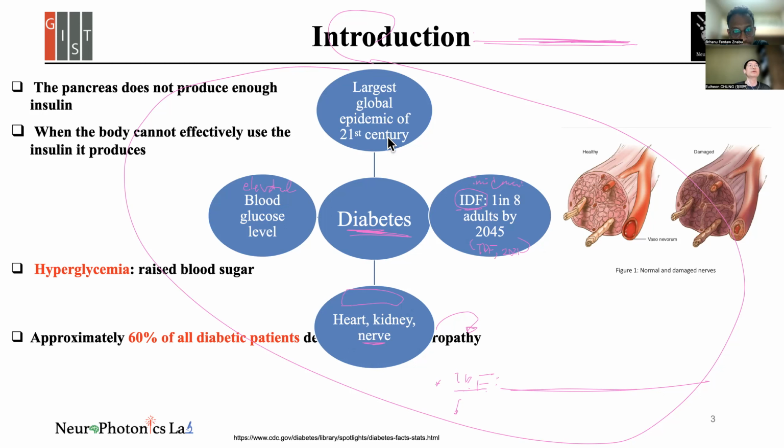"Largest global epidemic of the 21st century." That's probably relevant to this, but is what you say true? Some of these claims may need references, because people may disagree. Someone can say, hey, diabetes is not the most global epidemic; obesity would be the global pandemic. How can you refute that?